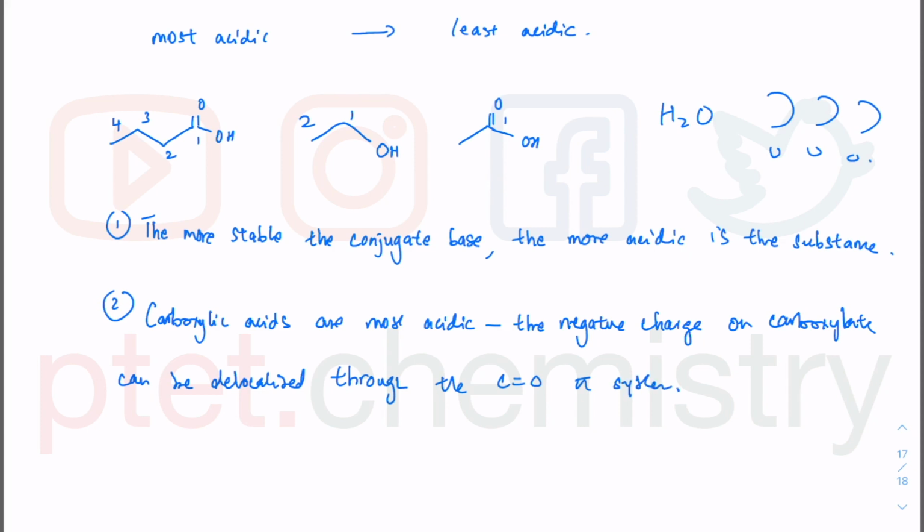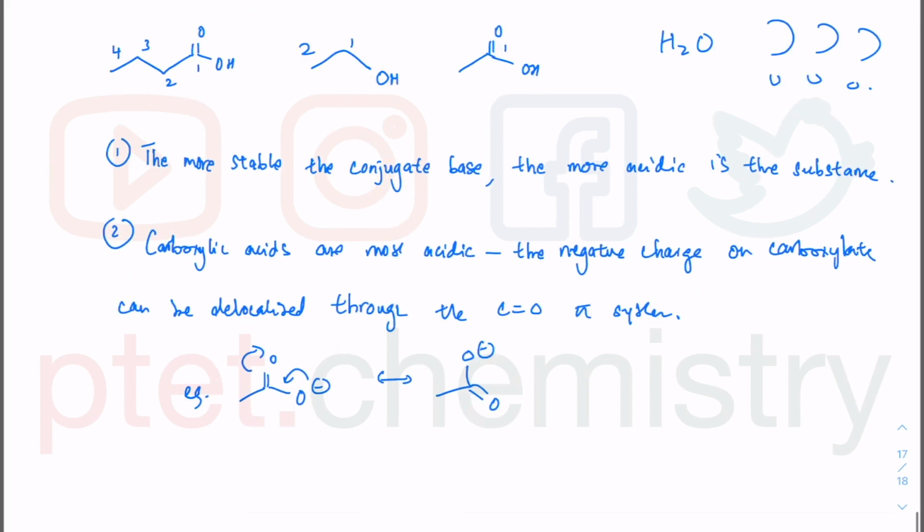I'm just going to demonstrate it now. For example, when you have the O minus like this, it can donate and give you this resonance structure, this alternative structure. So you can delocalize these electrons, not just on this oxygen, but also over the carbon, and you get two equivalent structures. I've just shown an example there.